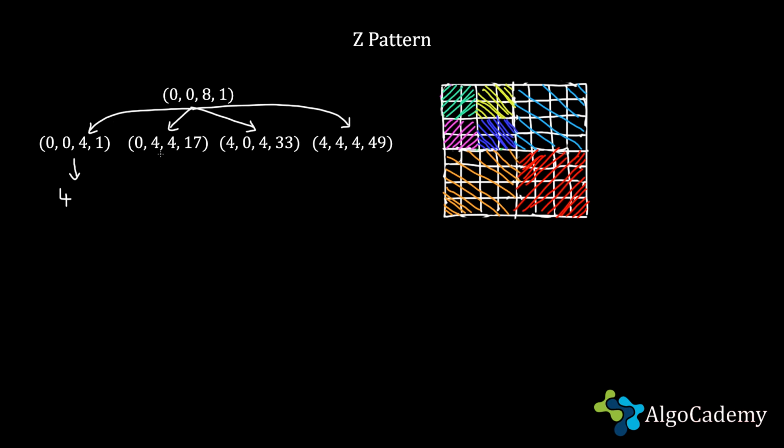For each of these other function calls, it's going to be the exact same thing. Each of them is going to call the function from itself 4 more times in order to split into quadrants. So for each of those, we also have 4 other distinct function calls.